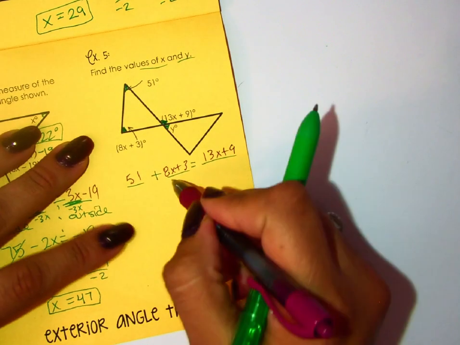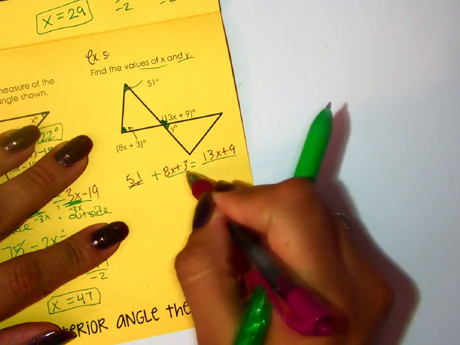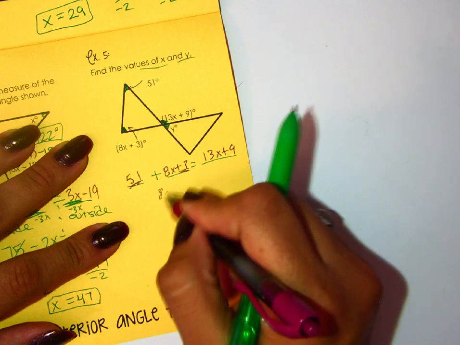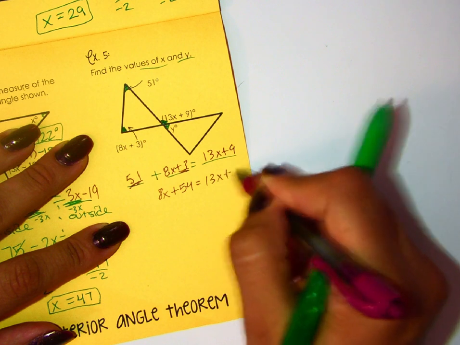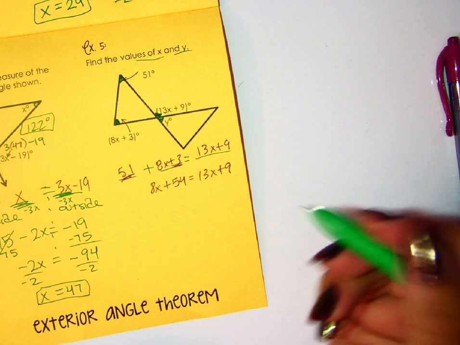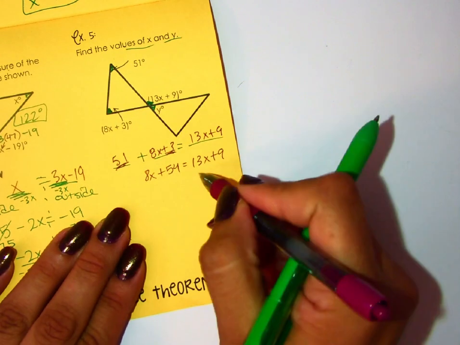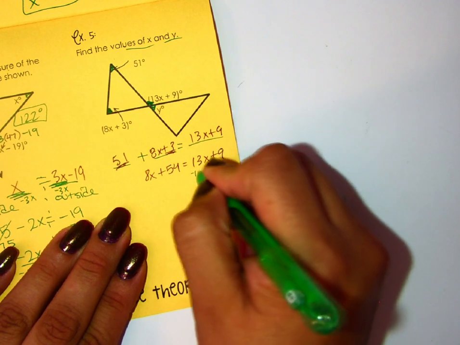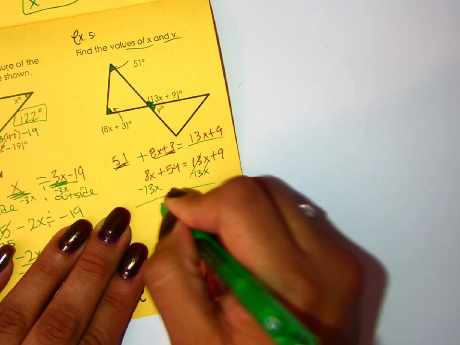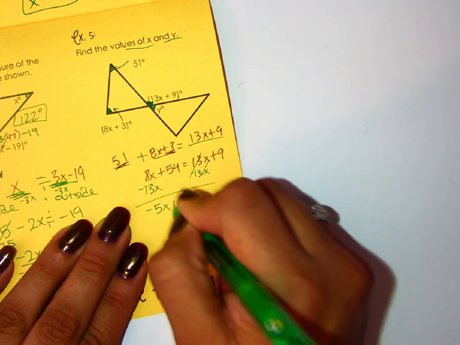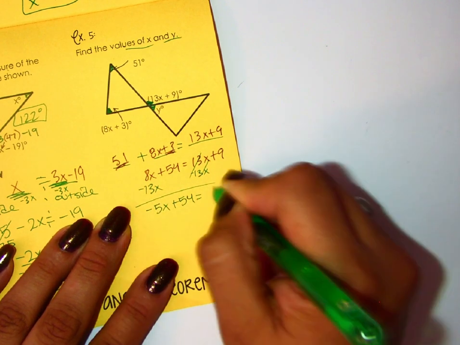Let's solve for x by combining like terms. So 8x plus 54 equals 13x plus 9. Then we're going to move the x's to the other side. So we're going to do minus 13x, which cancels. Negative 5x plus 54 equals 9.